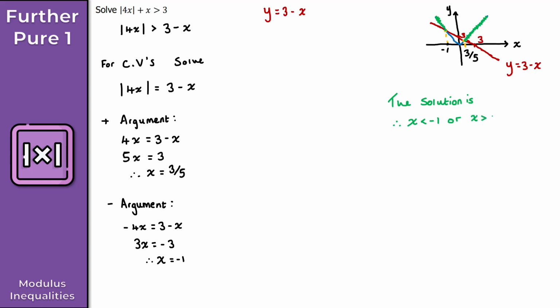Let me just highlight here that this is our solution. And there we have it. So that gives us the solution to the very last question, question 2. And that brings the end of this video on modulus inequalities.